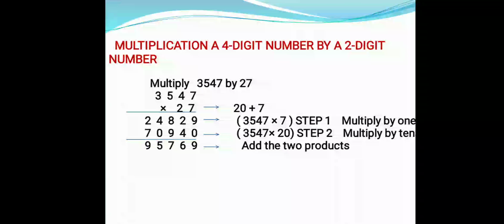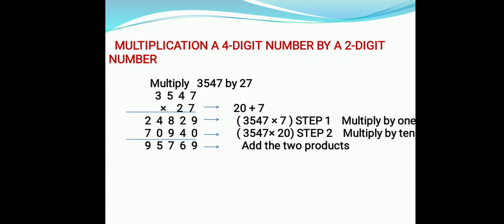7 into 4 is equal to 28. Add 4 which was carried over. The sum becomes 32. 2 should be written below in tens column and 3 will be carried over. 7 into 5 is equal to 35. Add 3 which was carried over.